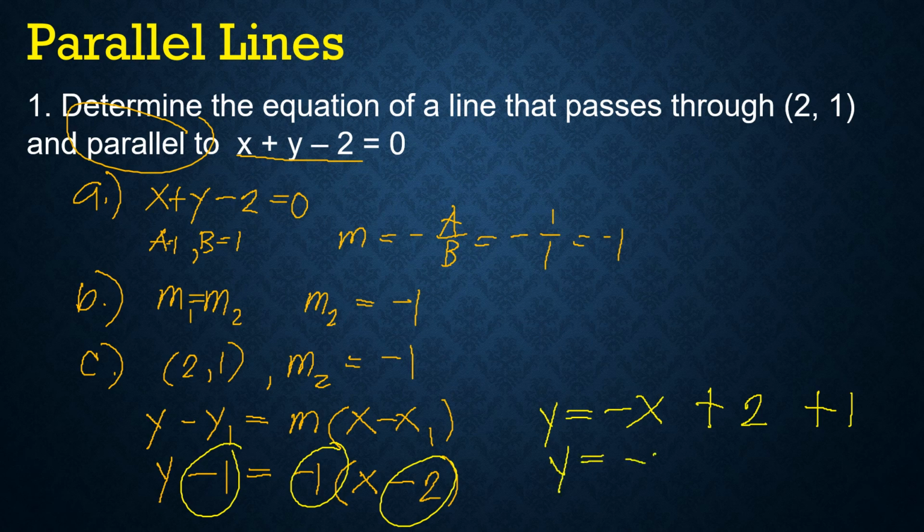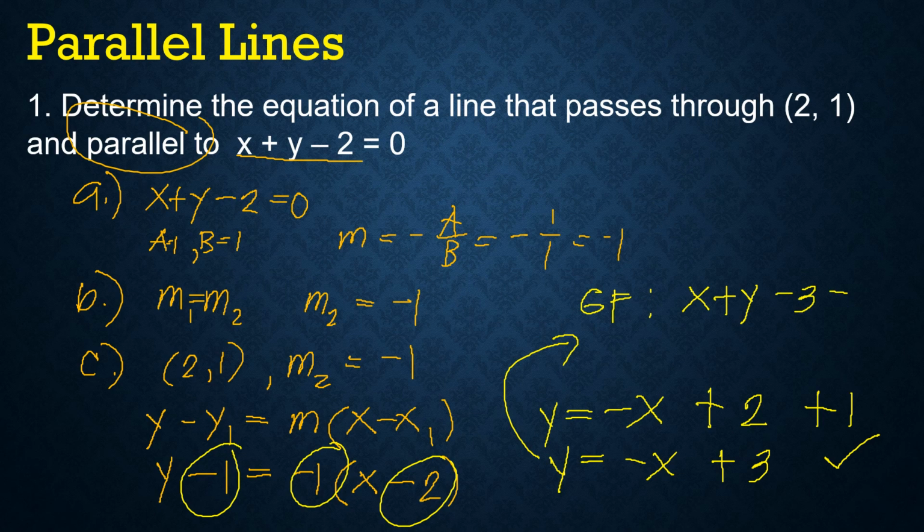Y is equal to negative x plus 3 will be the equation of the line in slope-intercept form, or you can write it in general form, which will be x plus y minus 3 is equal to 0. And in standard form, we have x plus y is equal to 3.